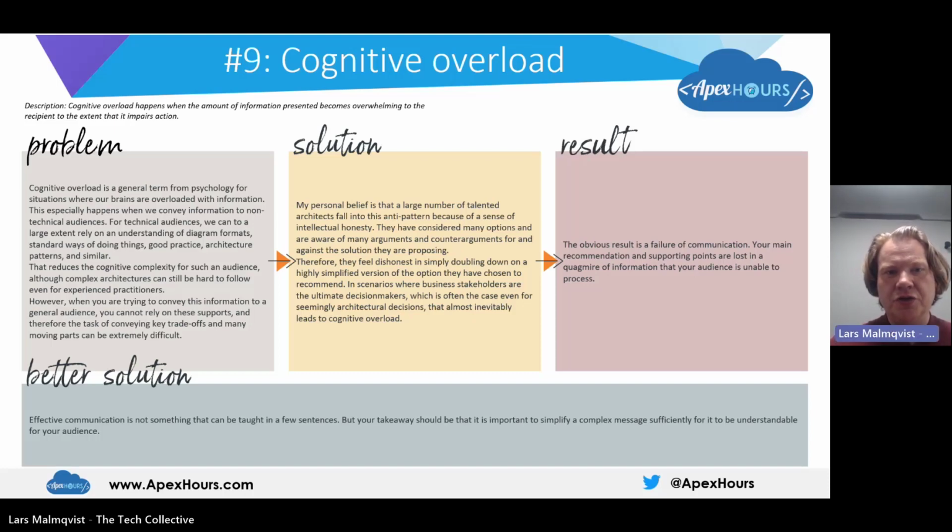Usually this happens because technical experts like to showcase their expertise. They want to show that they've done the analysis, that they've covered all the angles, and they want to be intellectually honest about the pros and cons. However, in doing so, they end up presenting too much information, and the audience switches off. And that's fair enough, right? They don't have the background, and there is only so much information you can process at a given time.